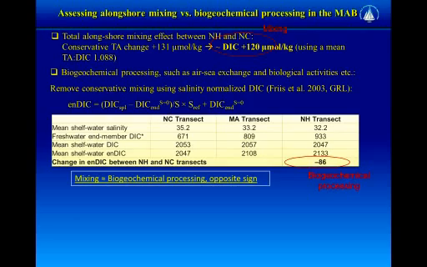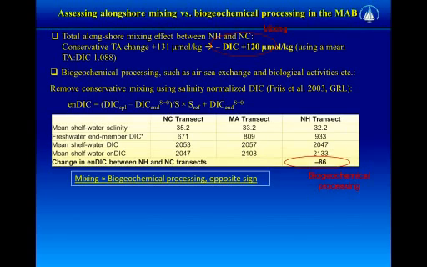And then to derive the biogeochemical process, we use this salinity normalized DIC equation. It basically removes the salinity effects or mixing effects, and the equation also takes into account the freshwater end members.